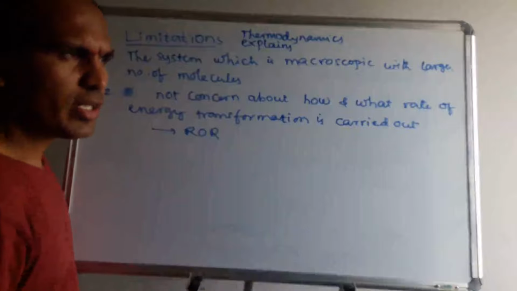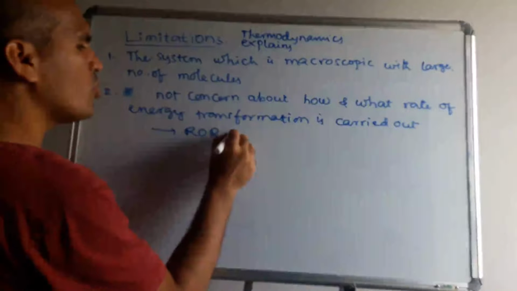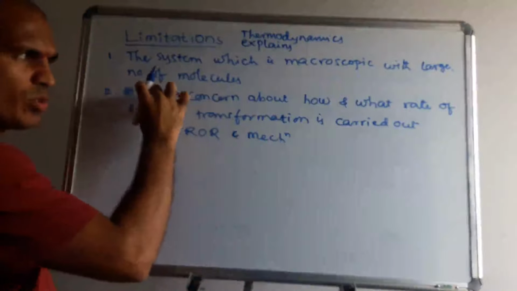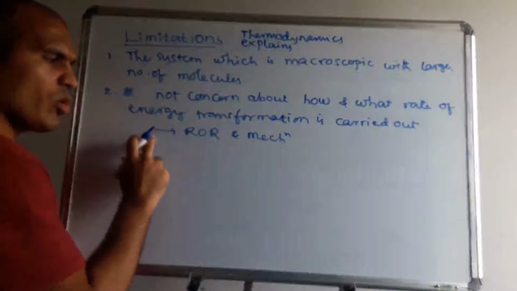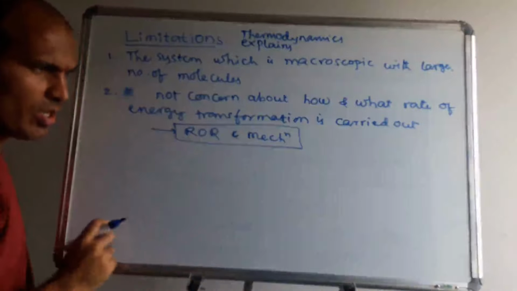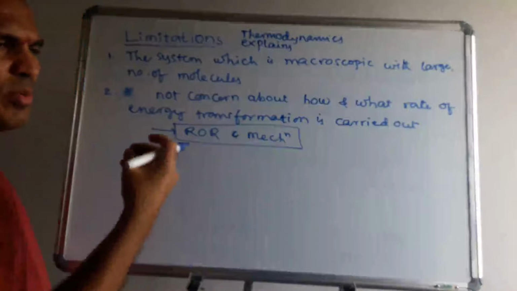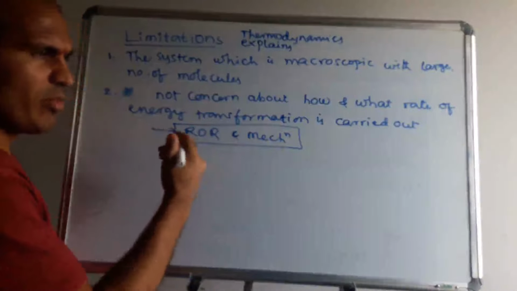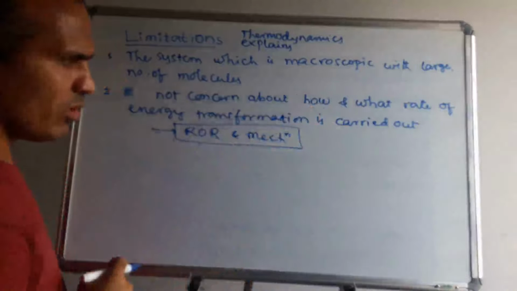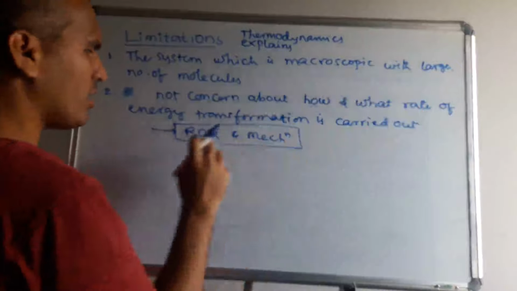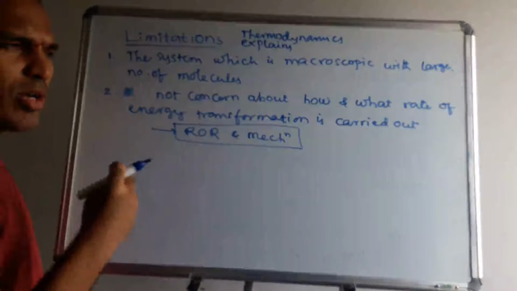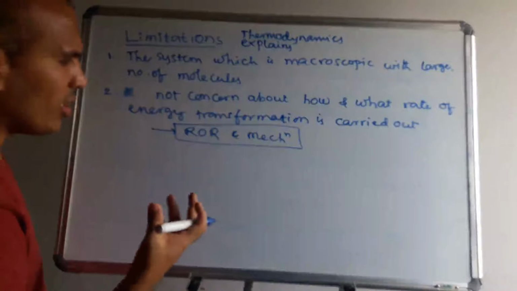This you will study in the second year chemical kinetics chapter. And it does not explain the mechanism. Its total meaning is it does not explain the rate of reaction and does not explain the mechanism. How this reaction is carried out, you may know from organic chemistry, a step-by-step process will be there. So, what rate means this reaction is carried out in 1 second or 1 minute or 1 hour or 1 week.